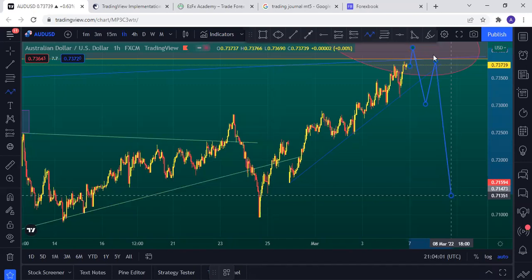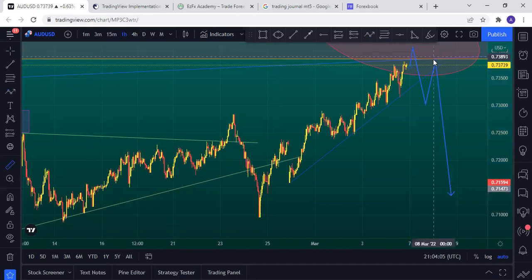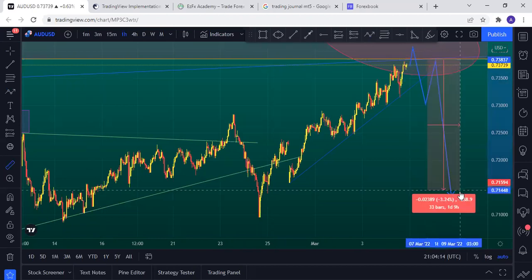All right, let's calculate that. How many pips would that be? So approximately 200 pips thereabout, all right? Approximately 200 pips. So that's for AUD USD.